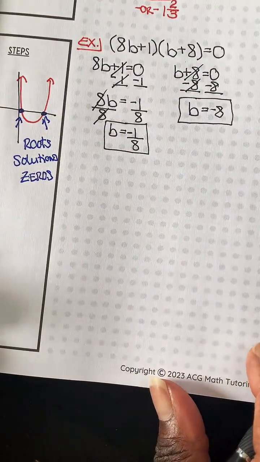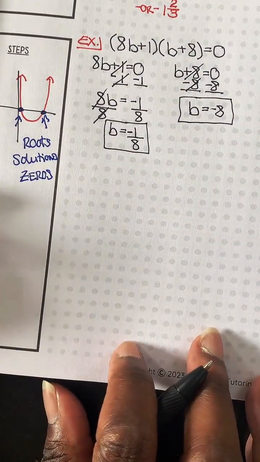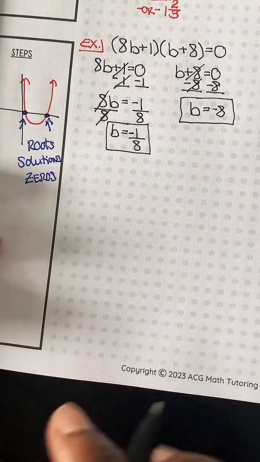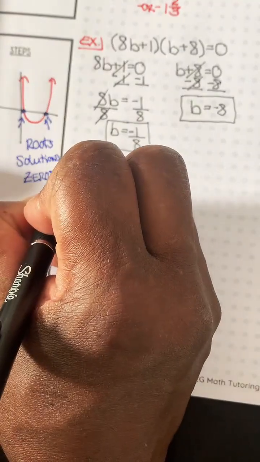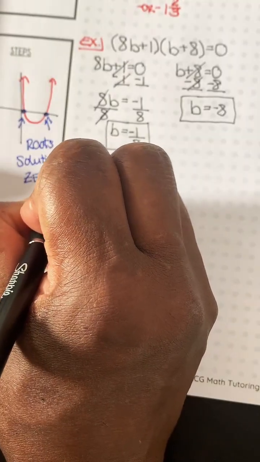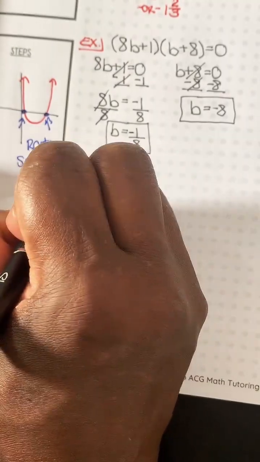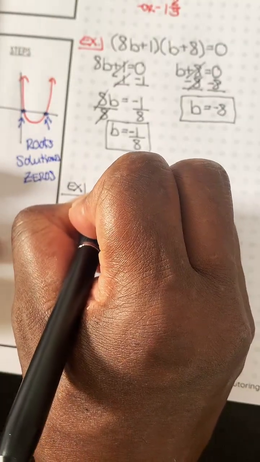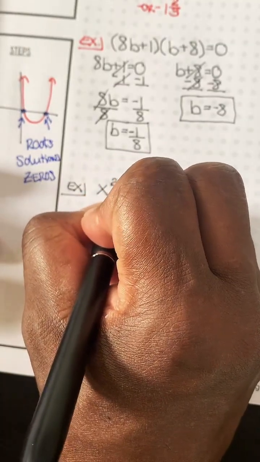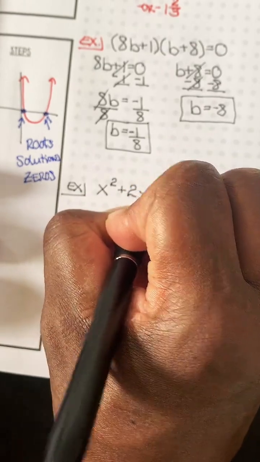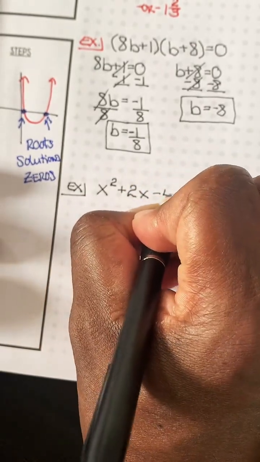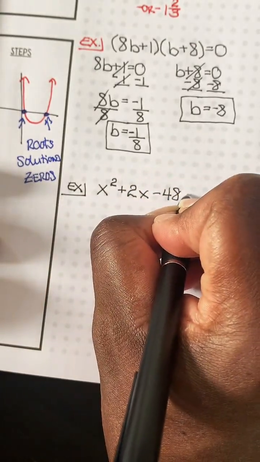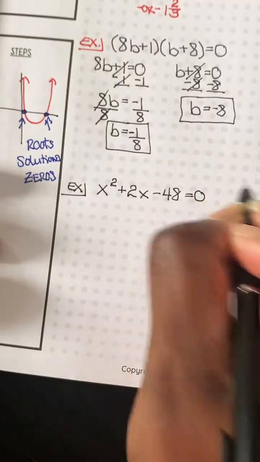So now with this comes our next step. So we're going to jump on in. So we have x squared plus 2x minus 48 equals 0.